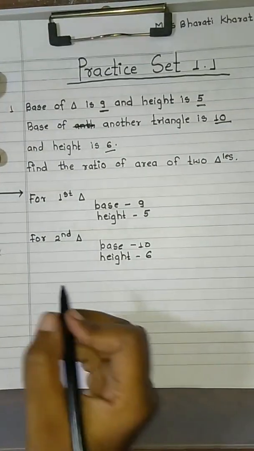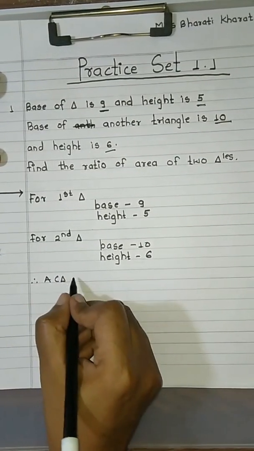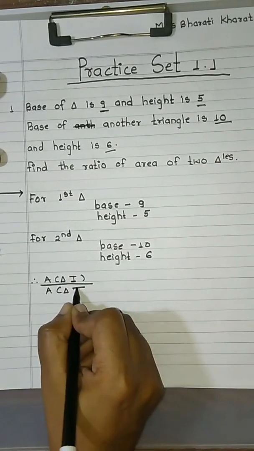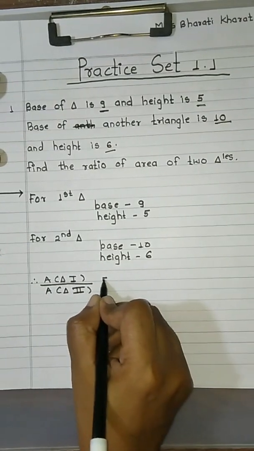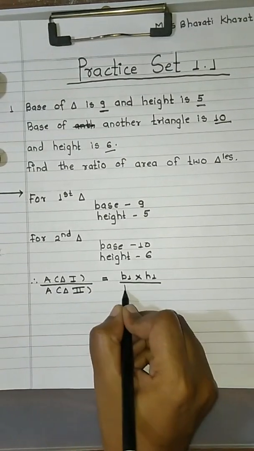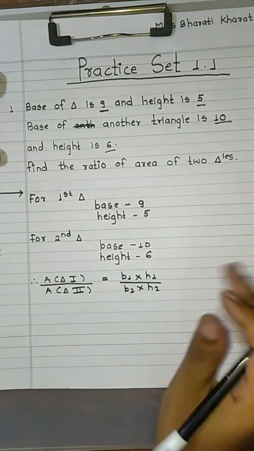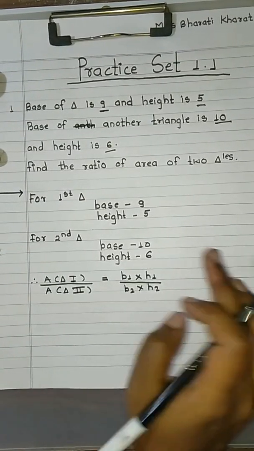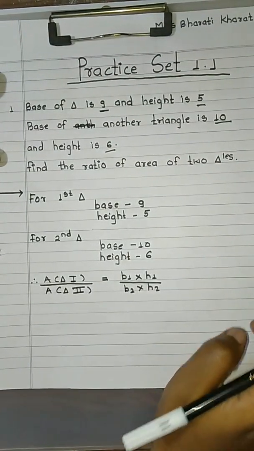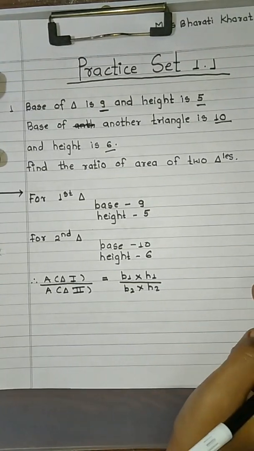Okay, therefore area of triangle first upon area of triangle second is equal to B1 into H1 upon B2 into H2. Now you very well know that when the height and base of the triangles are not same, the ratio of the areas of such triangles is equal to the ratio of their corresponding bases and corresponding heights.